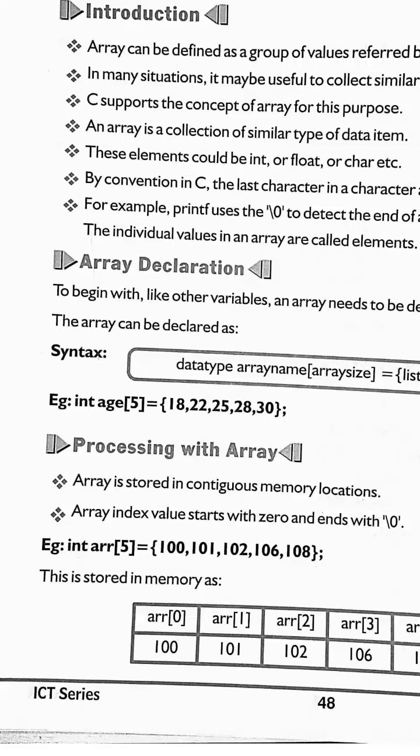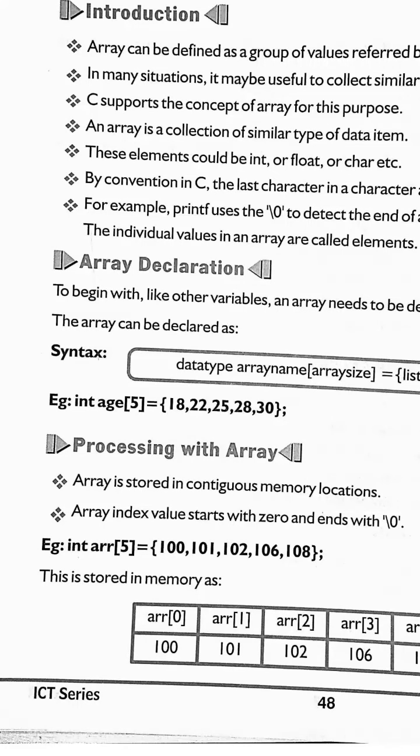Here you can see multiple values, which means 5 values. So 18, 22, 25, 28 and 30 are 5 different ages. These 5 different ages are being used by the same name, age.